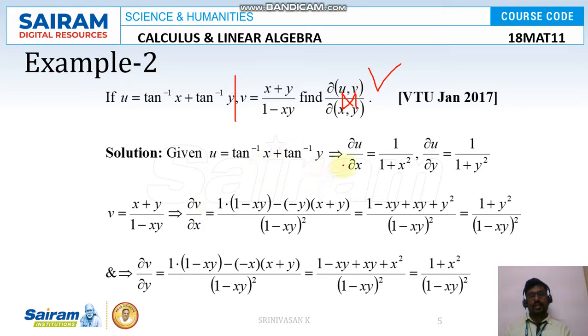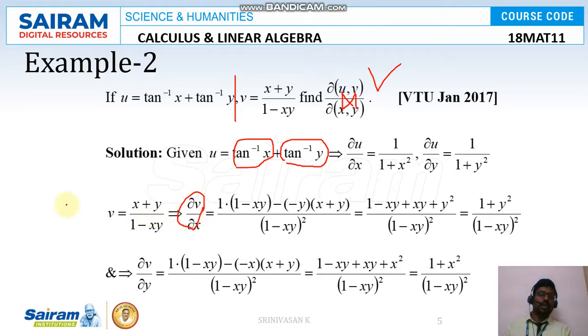First I will find dou u by dou x: 1 divided by 1 plus x square, since tan inverse of x differentiates to that and tan inverse of y gives 0. Next, dou u by dou y: tan inverse of x gives 0 and tan inverse of y differentiates to 1 divided by 1 plus y square. This is clear.